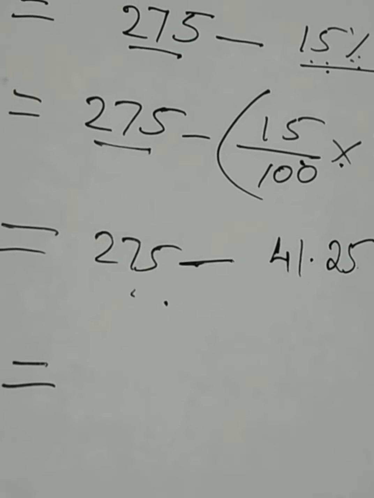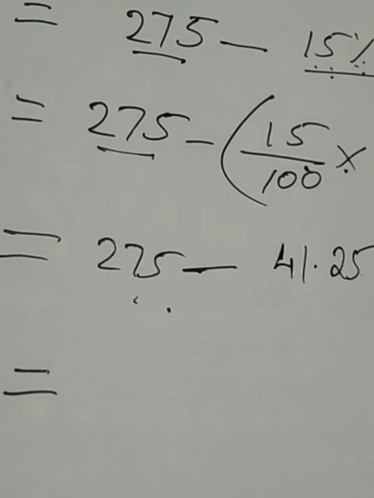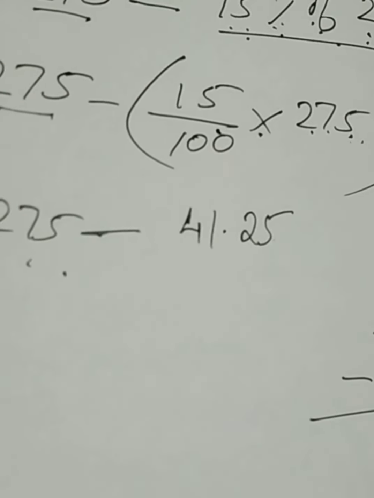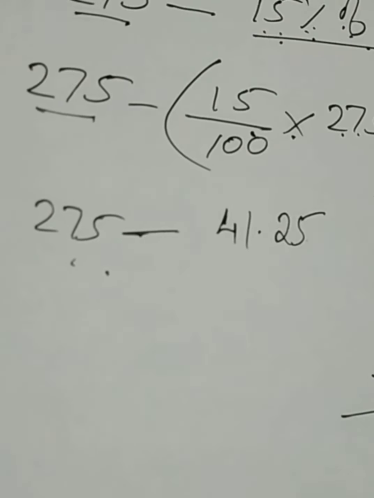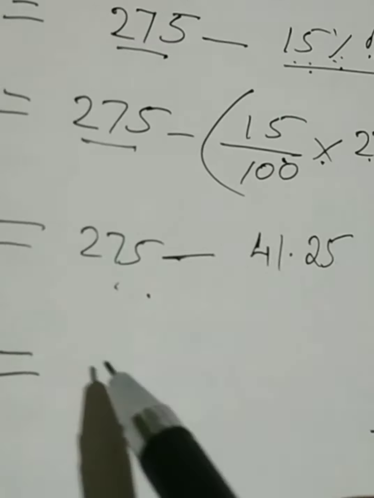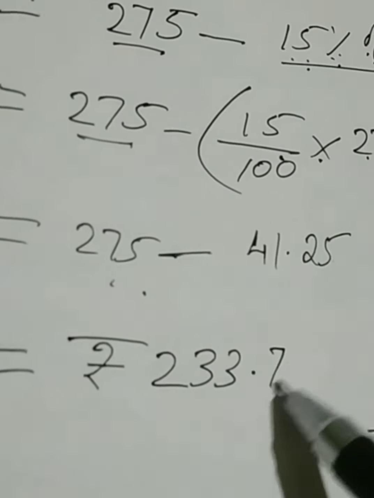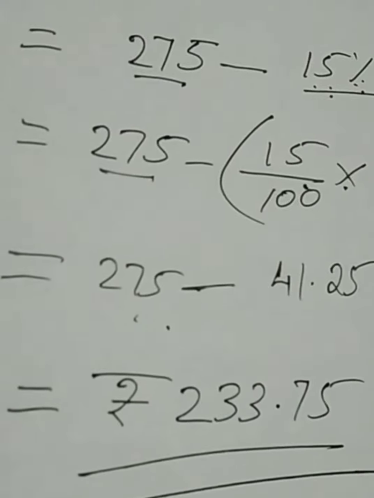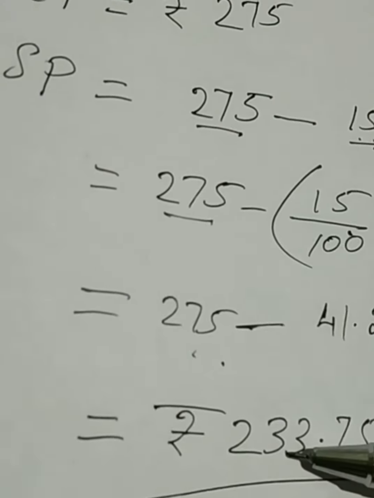Here two decimal places, then 75 minus 25, and so on. So the answer is rupees 233.75.